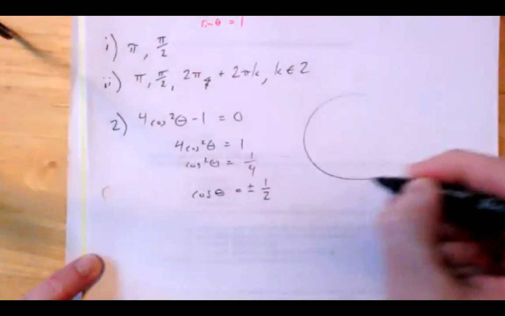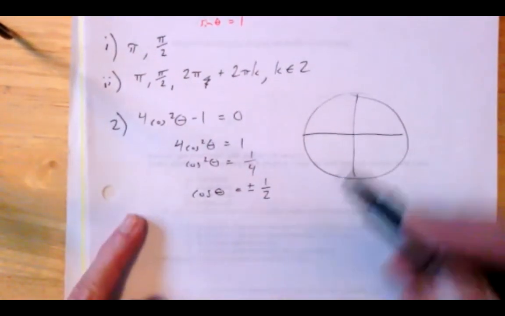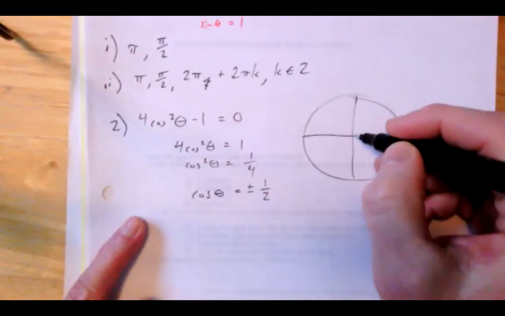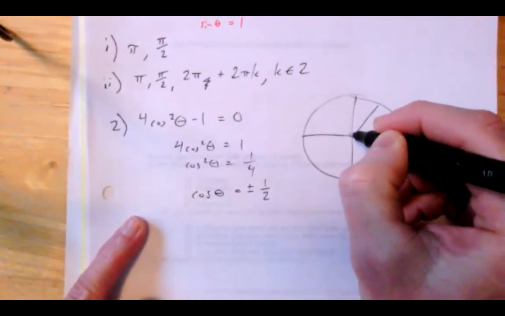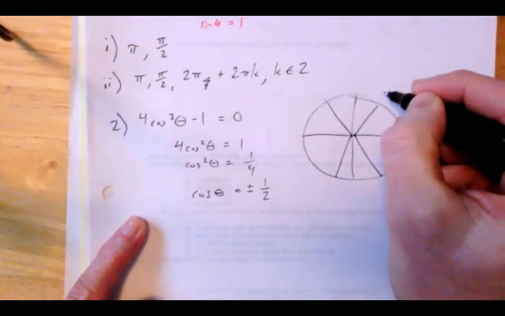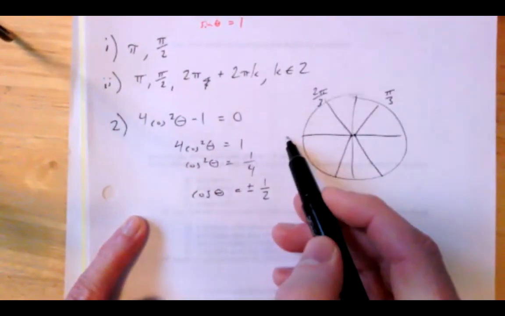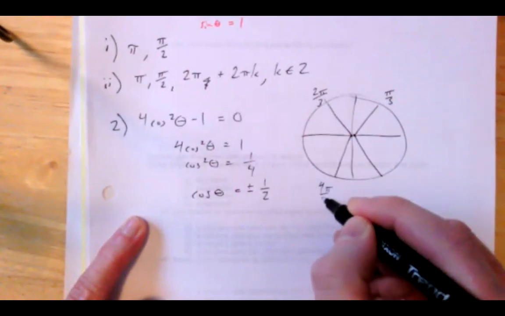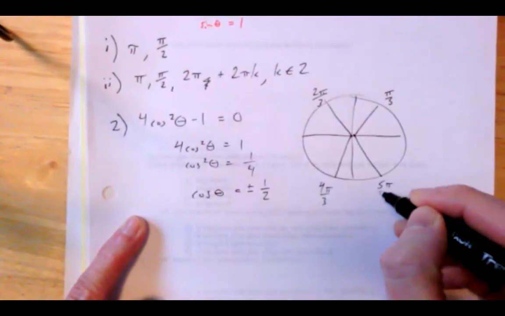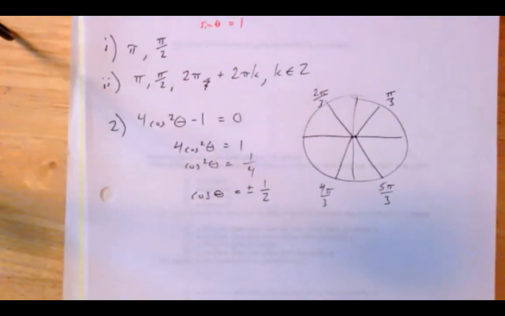So the places where cos of theta is a half, it's our kind of 60s. Those aren't drawn super great. This is pi over 3, 2 pi over 3, 3 pi over 3, 4 pi over 3, 5 pi over 3. Those are where cos of theta equals positive or negative 1/2.